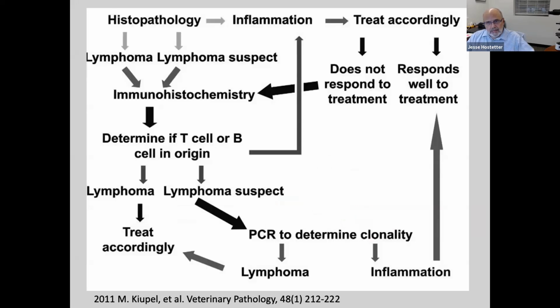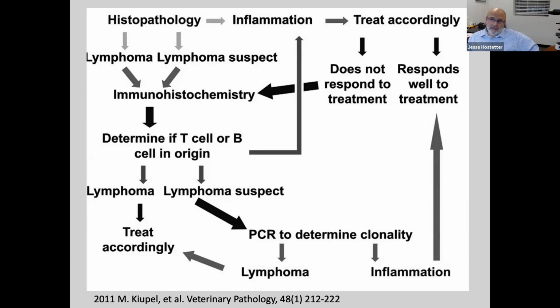That kind of brings me to my last slide, and this comes from Mehdi Kupel's article in 2011. Again, this is a nice article, but it's complex and I think it's accurate. I show this to our residents: you start with histo and you feel like it's inflammation, and they treat it. More often than not, it either responds and they continue treating, or it doesn't respond and they may come back and say, okay, let's go back and do the immunohistochemistry.